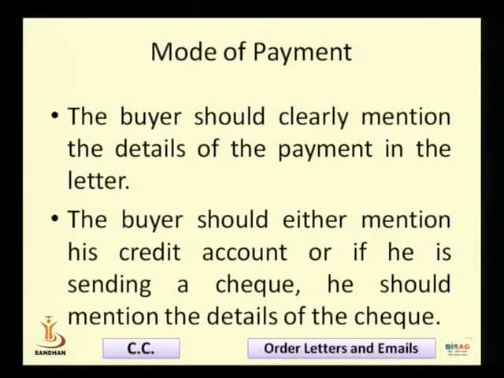If you are sending a check, it should also be made clear in your letter that you are sending so and so check with its number and the amount which you are paying. So all the modes of payment should be made clear, and it should be mentioned in your letter. It should be clearly mentioned whether you are paying by credit, and if you are paying by credit, then your credit account number should also be mentioned. You should also mention other details of the check.